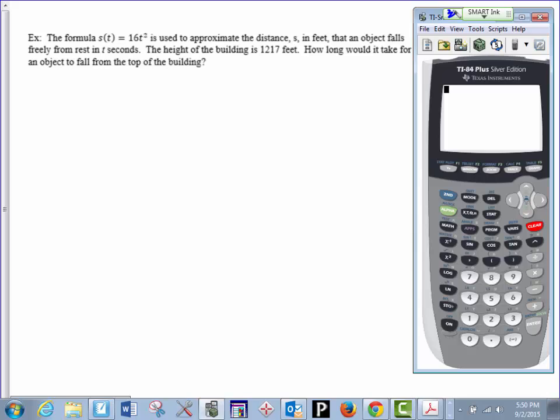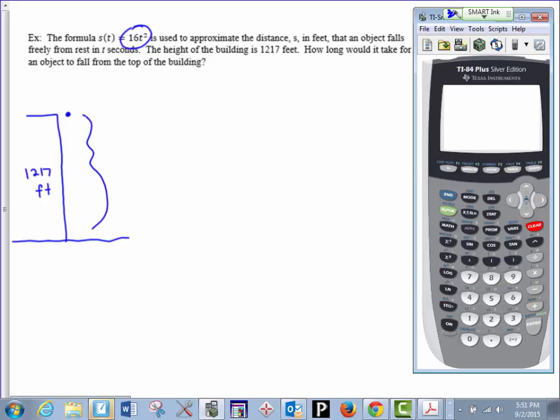So the idea is this: you have your building in the ground. You're dropping an object from the top of the building, and the building is 1,217 foot tall. This formula represents how far the object falls.